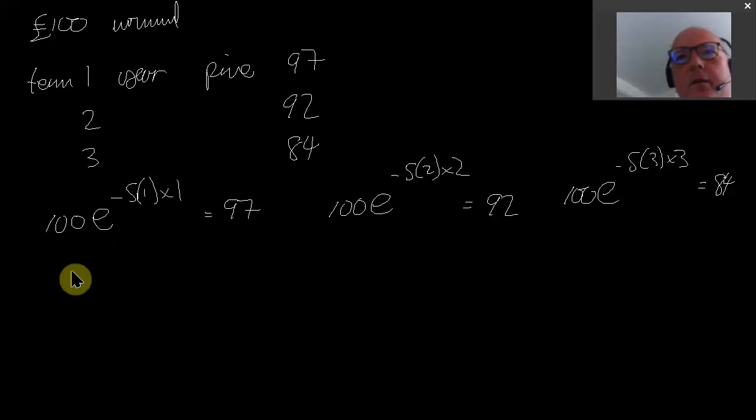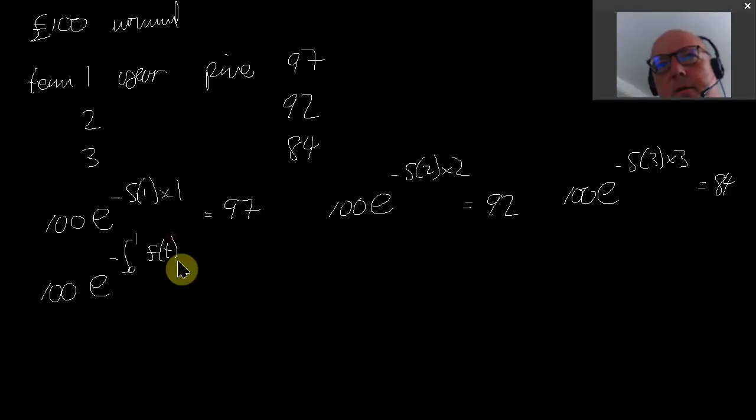Okay, so we also know that 100 times e to the minus the integral between 0 and 1 of the forward rate of interest f(t) equals 97. Okay, but what do we do here? Well, we really just extend this out.